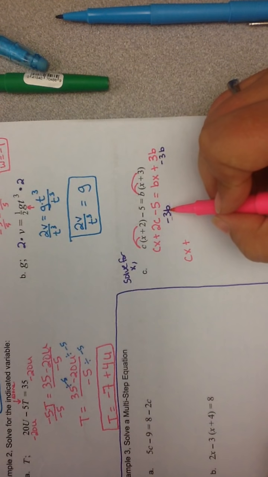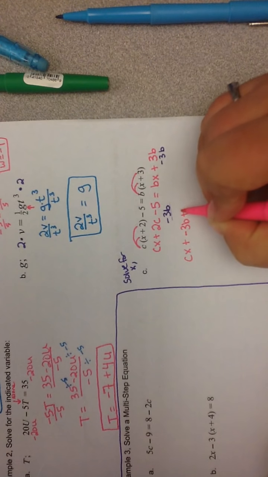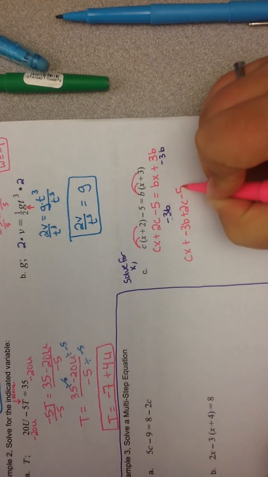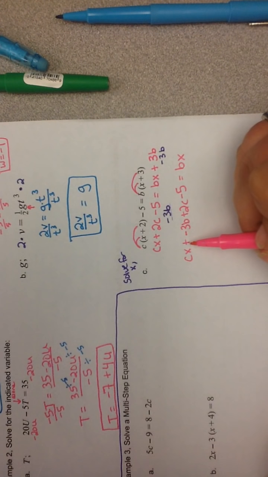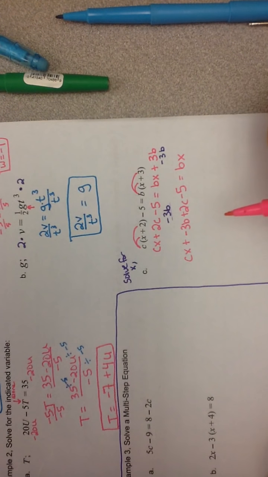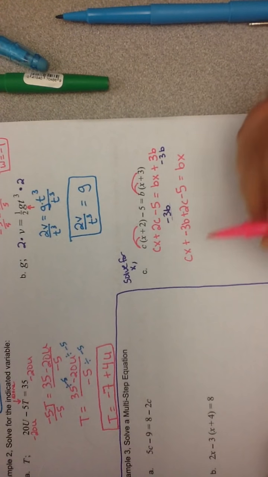I'm going to put my letters in alphabetical order. So negative 3b plus 2c minus 5 equals bx. Okay, since I messed up and made this a plus sign, I just make this a minus sign. It should be subtraction here, but I'm not using erasable pen, so it's not going to be for now. It will be on the next step.